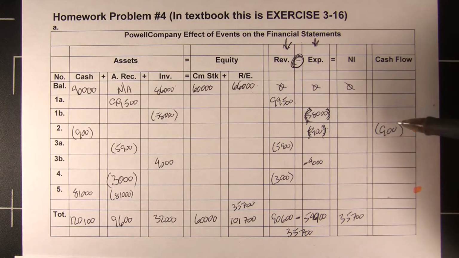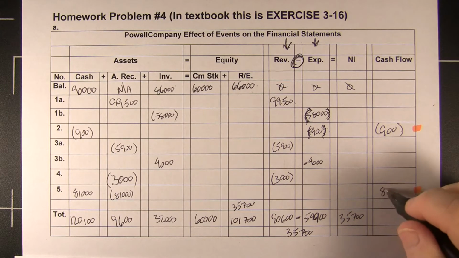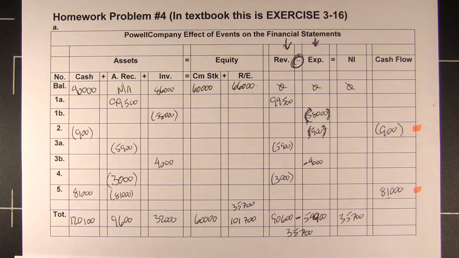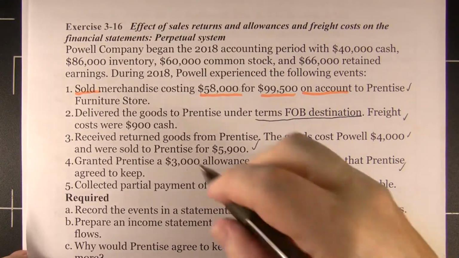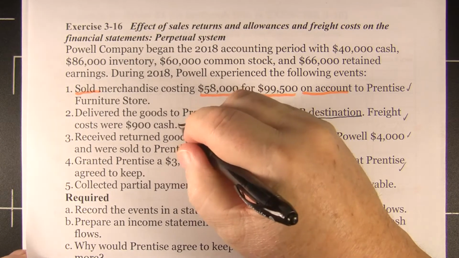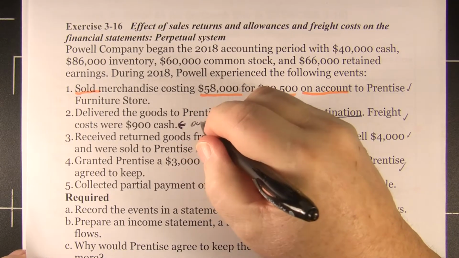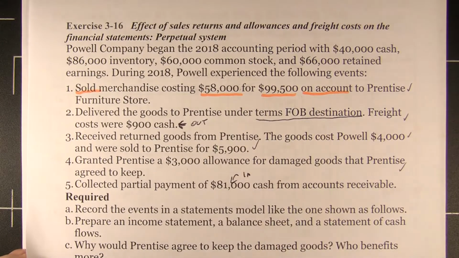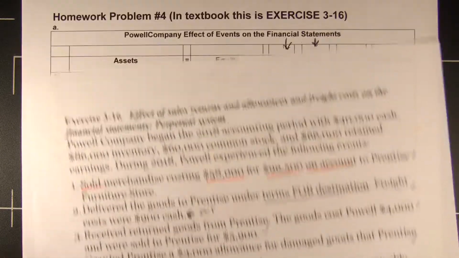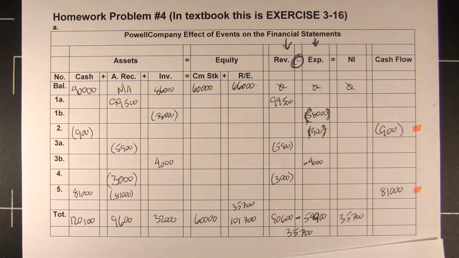So these two transactions, 2 which has $900 going out, and 5 which has $8,100 coming in, are the ones that we're going to have to talk about. So here's the one where the cash is going out, and here's the one where the cash is coming in. They didn't ask us to do that yet, but you just know that they're going to.